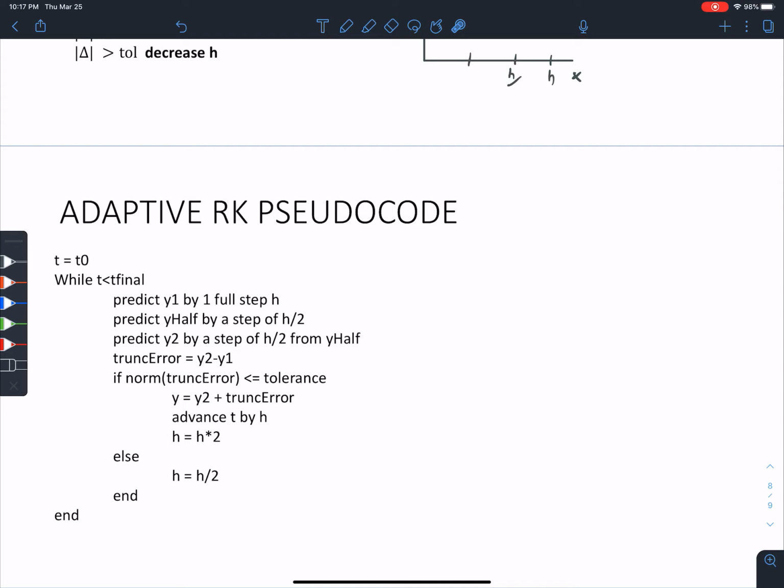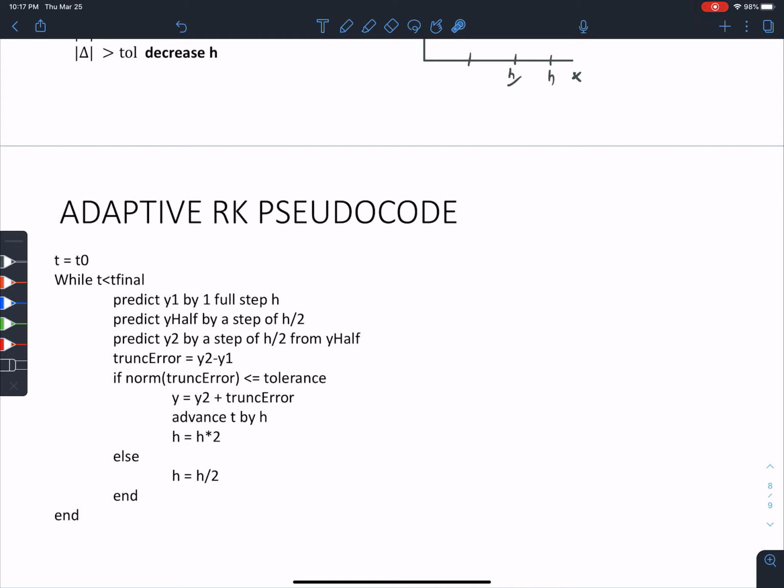But then you may say, hey, maybe we had too small a time step before. Maybe next iteration I'll multiply h by 2, right? This 2 here doesn't have to be 2, it can be more conservative than that, but in this code we just did that. On the other hand, if the error is bigger than the tolerance, then maybe I want to use a smaller time step, right?